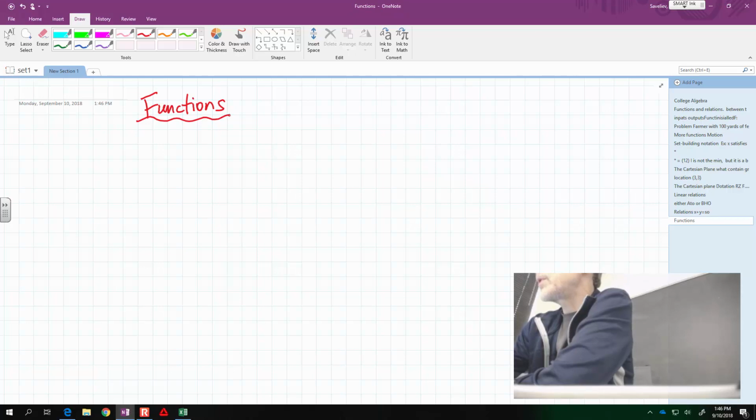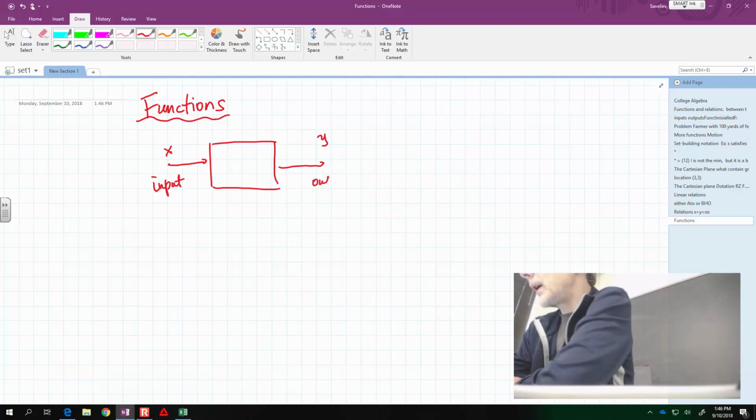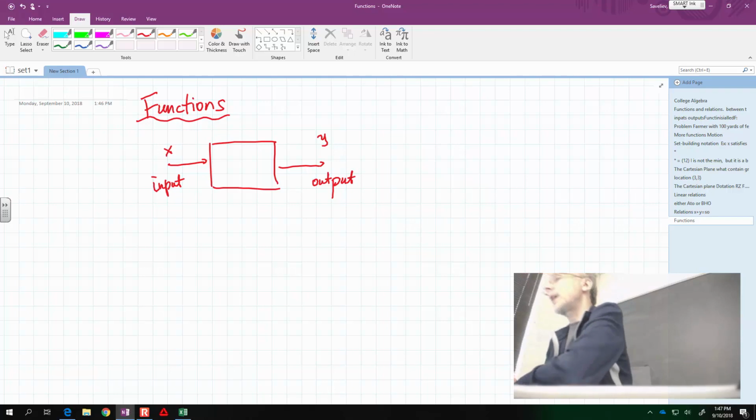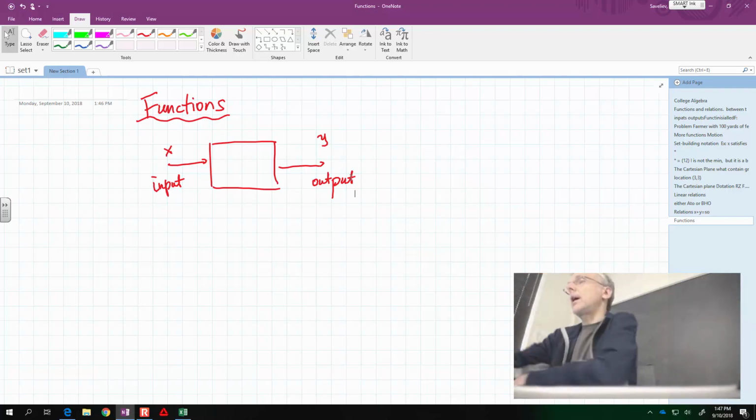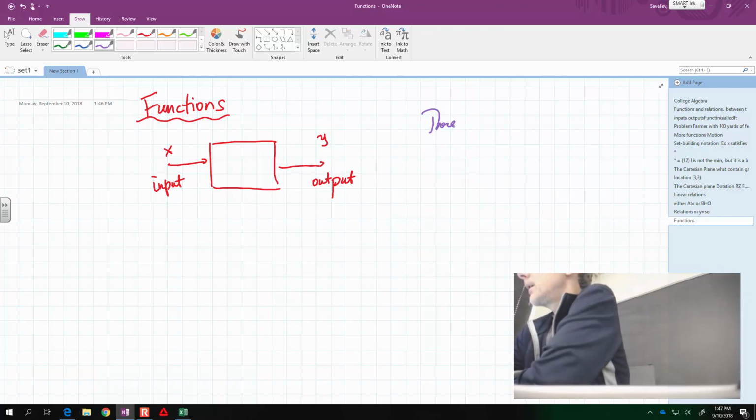Functions specifically, and the specific idea of a function is that of a black box. Input, and whatever input you put from its domain, it will produce the output y. The only requirement is there is only one y for each x.